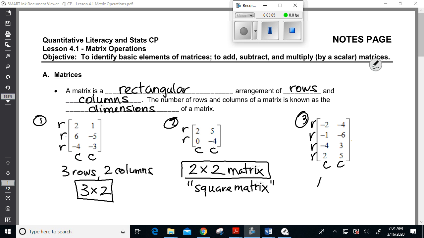So that gives you a 4 by 2 matrix. So again, these are just examples of how to identify dimensions, because that's going to be important when we start getting ready to do some actual mathematical work to them, which we're going to do right now.